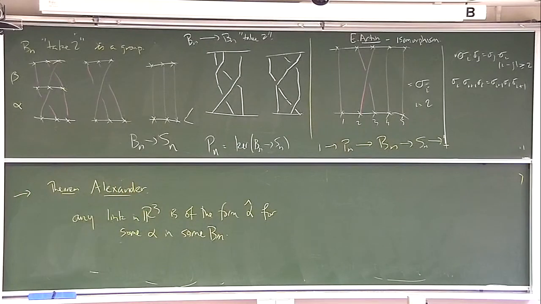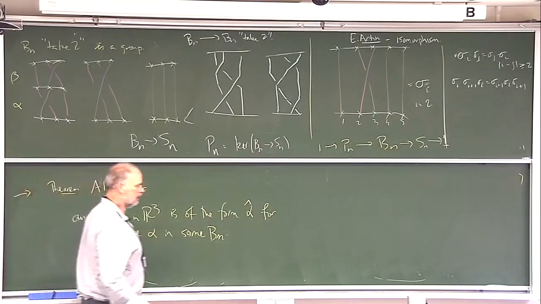So this was alpha hat, the closure of the braid. So any link can be obtained as a closed braid.